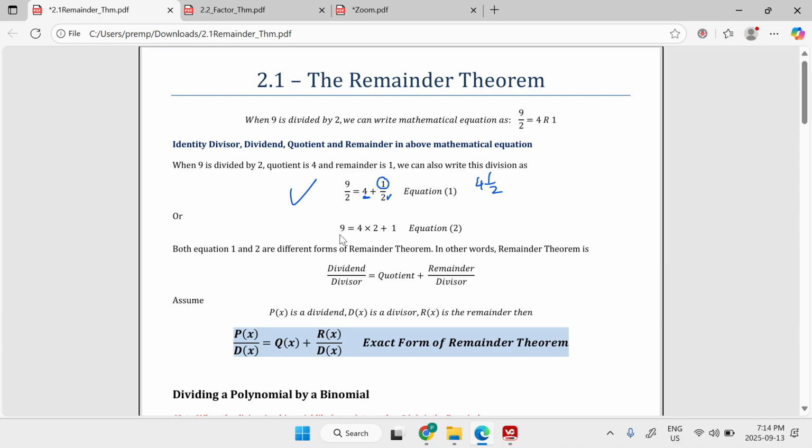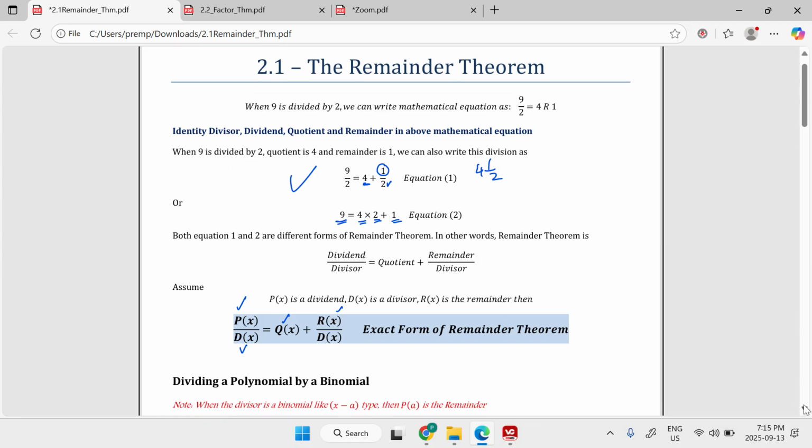Similarly, you can also write in this form. We call this the dividend, this is called the divisor, that's called the quotient, and this is called the remainder. So there are two forms by which you can write the same polynomial function. If p(x) is a polynomial function, d(x) is the divisor, q(x) is the quotient, and r(x) is the remainder, then this is the way you can write it.